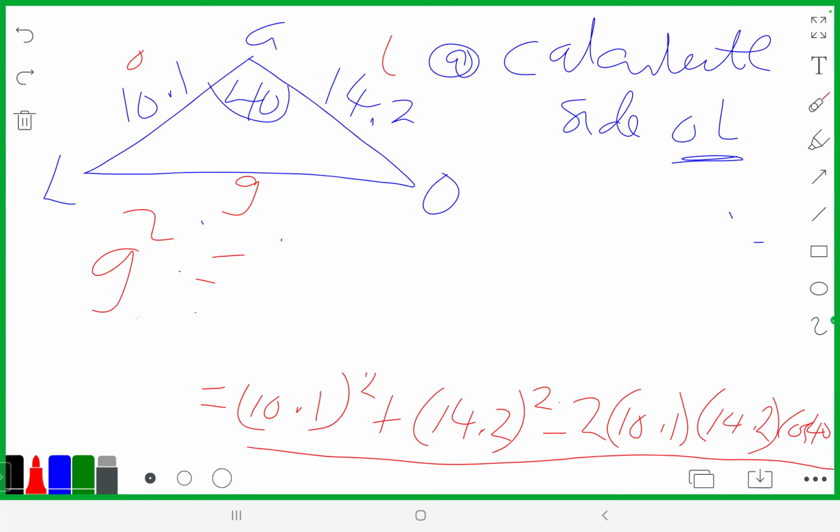Just enter it the way it is given here. Repeat the same on the calculator, and then you should be fine and happy. Okay?